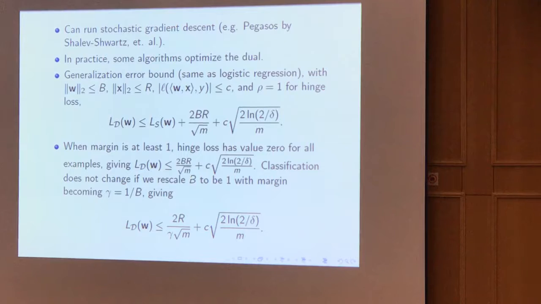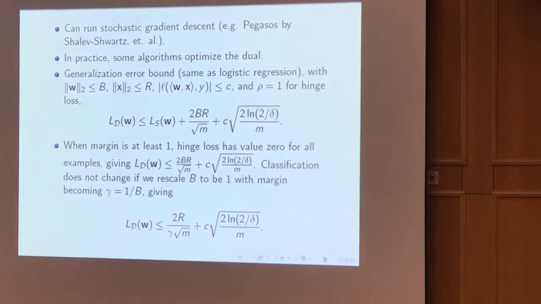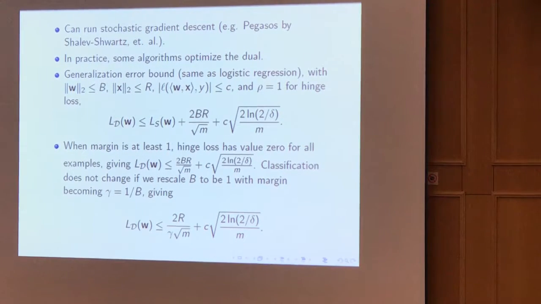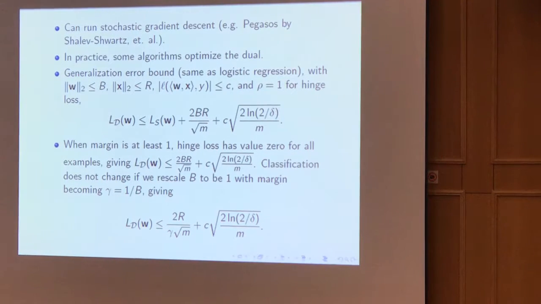If we rescale so that the size of the weight is 1, then the margin is 1 over B. Plug it in to get this, which tells us that if you have a large margin, then you have a small upper bound on the generalization error. So in support vector machines, people like to think about margins, the distance of a data point from the decision boundary.